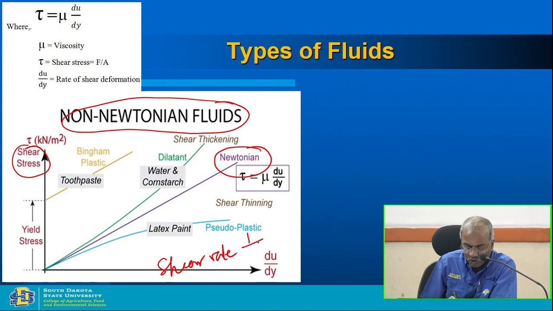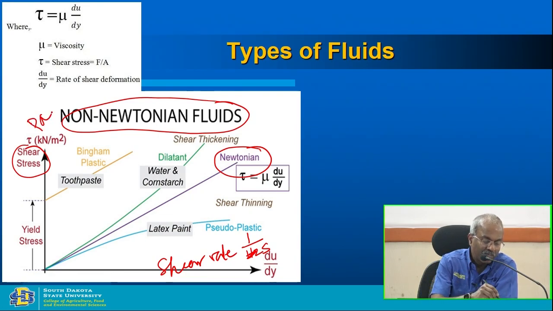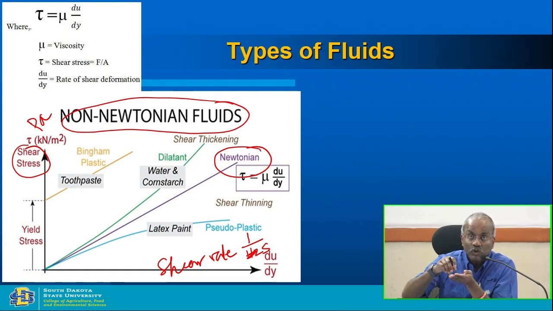Typically the unit is 1 over second. Shear stress is Pascal. So this is Pascal, this is 1 over second. How fast you shear them or how slow you shear them.